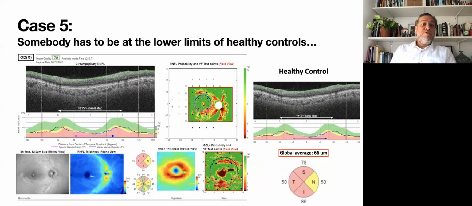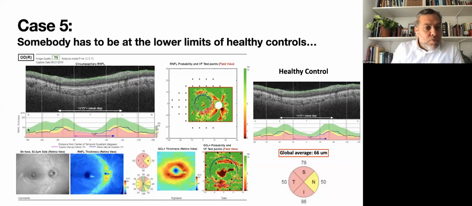And also, somebody has to be at the lower limits of the healthy controls. If we look at this patient, and if we look at the metrics, all are in red. Somehow, the donut shape and the topographic view of the GCL are normal. If we see here what's going on, we have some reds.